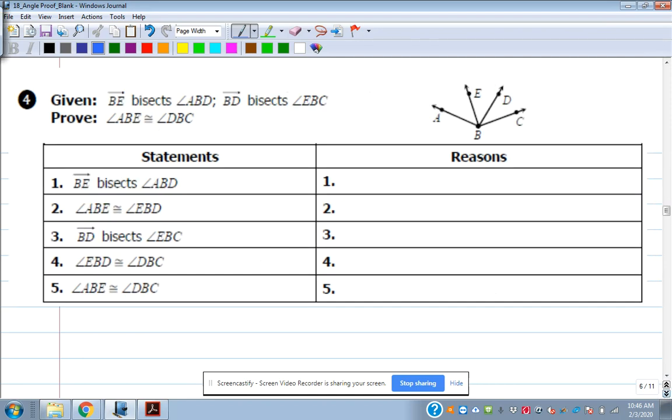All right. Number 4, ray BE bisects angle ABD and ray BD bisects angle EBC. And so number 1, obviously we all know that. But what should number 2 be? Angle ABE is congruent to angle ABD.